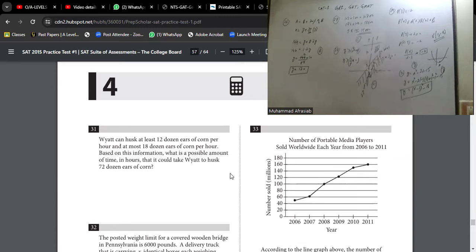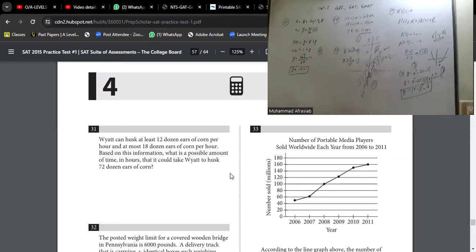White can husk at least 12 dozen ears of corn per hour and at most 18 dozen ears per hour. Based on the information, what is the possible amount of time in hours? White could have husked 72 dozen ears of this corn.